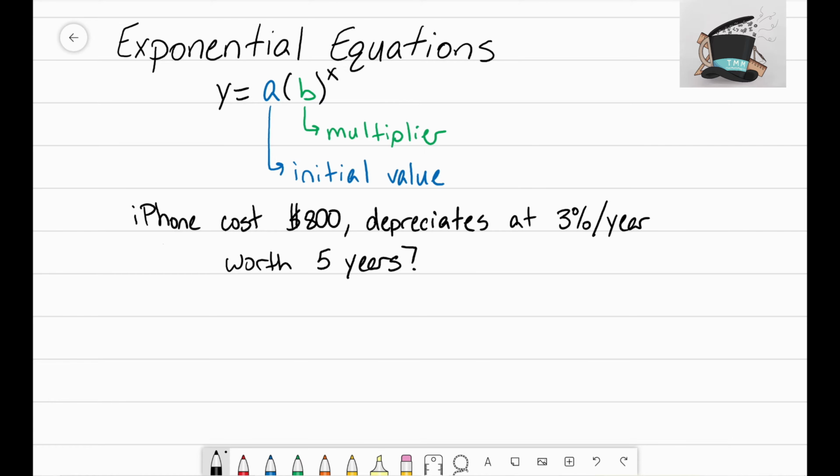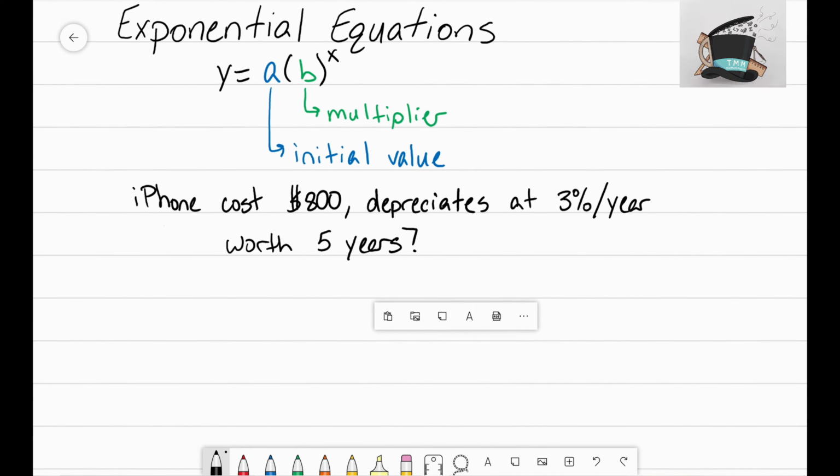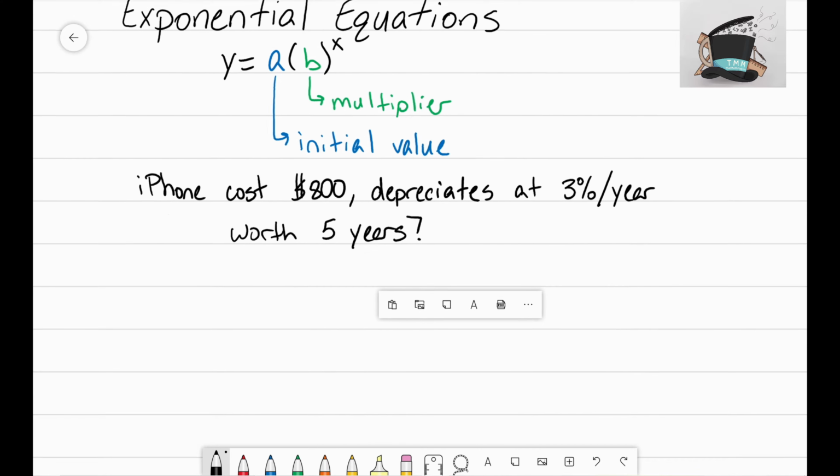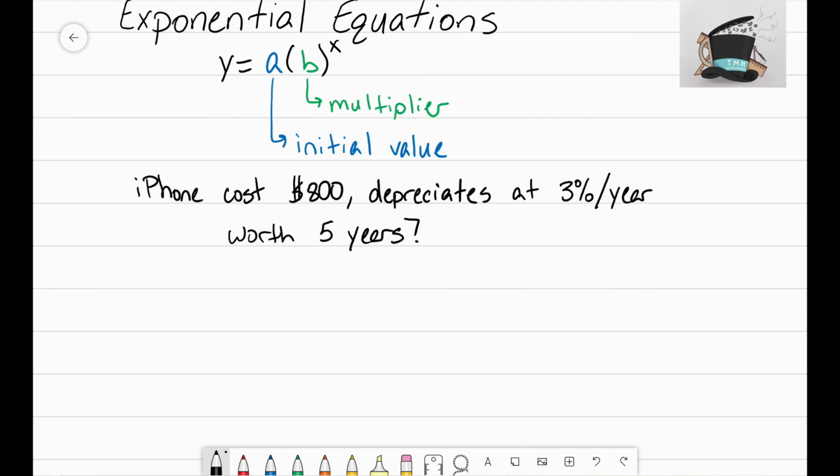Okay, so the first thing we need to find out is what's our initial value and what's our multiplier. I'm going to move this up a little bit just so we can see a little more space. I need to figure out my initial value. So let's go ahead and write out the equation. I know I'm going to have y equals, that doesn't change.